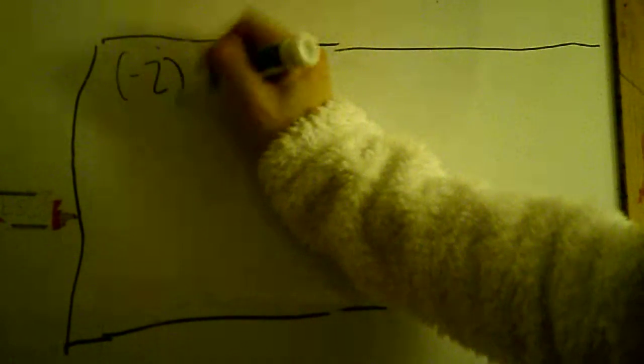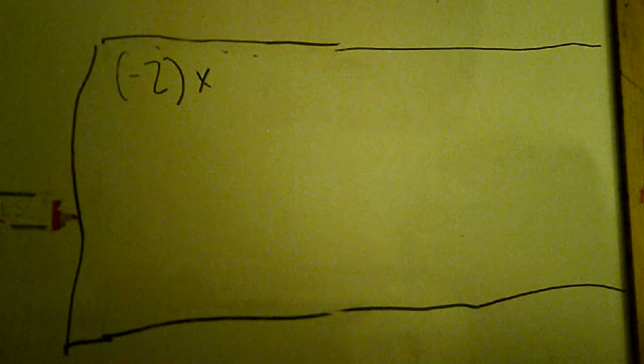Now, multiplying negative by negative is pretty easy. It's almost the same thing as positive by positive. For my example, I had negative 2 times negative 4.